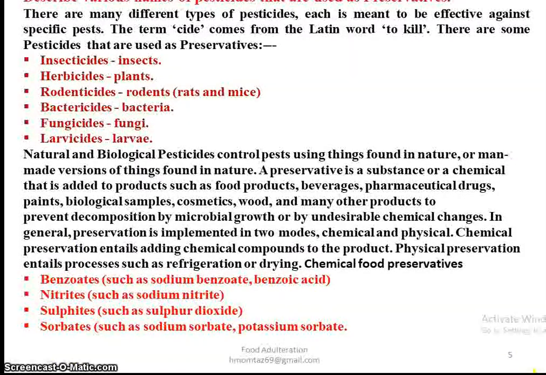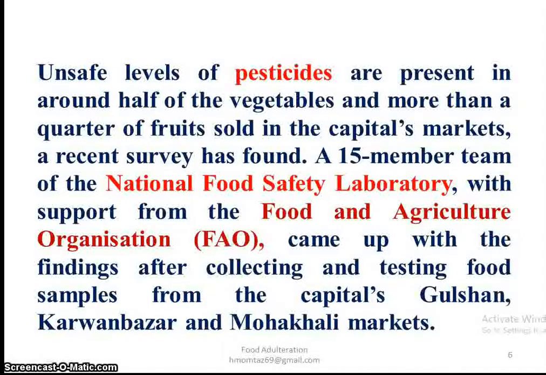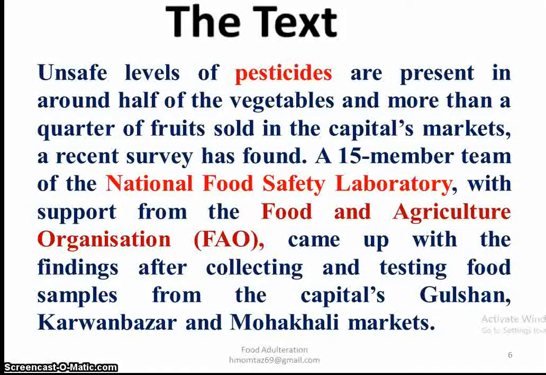Now, dear learners, come to our main text. What the text gives us about pesticides and adulteration. This is a report of a 15-member team in an area of Dhaka, the capital.